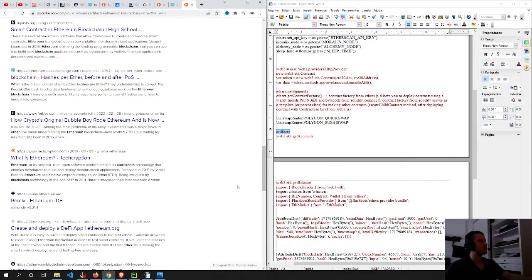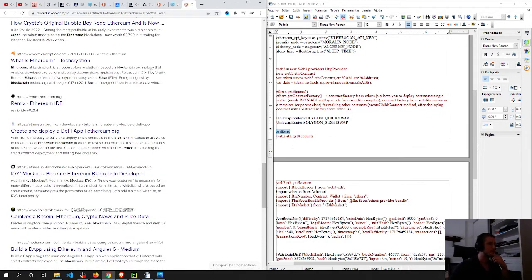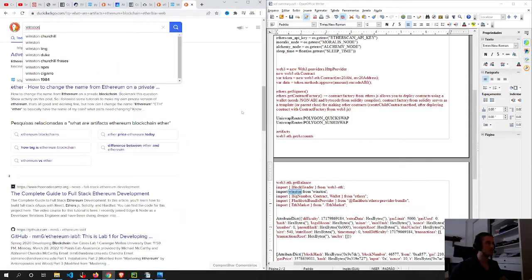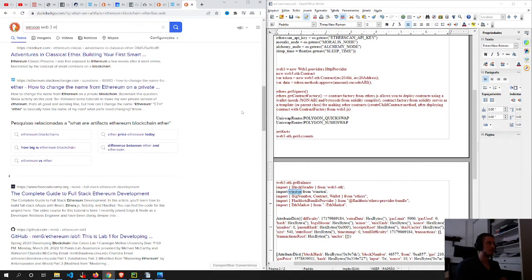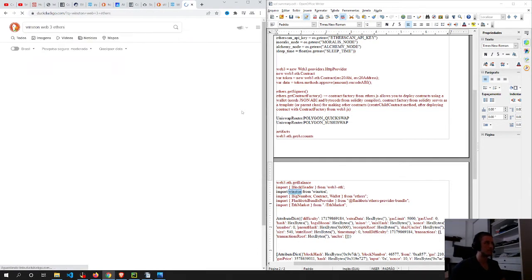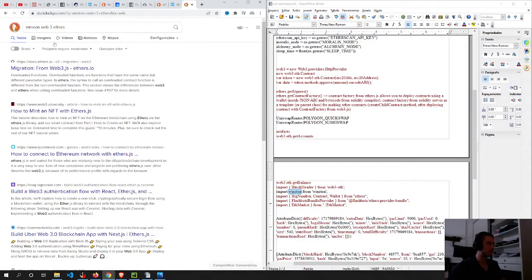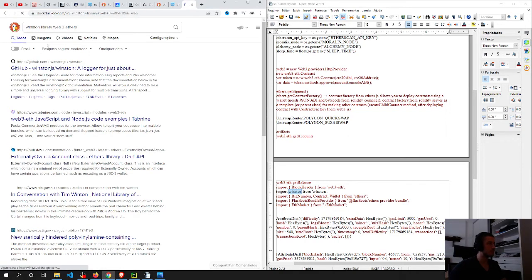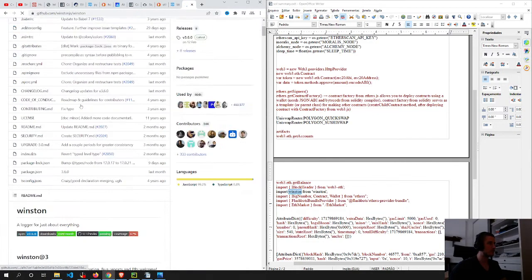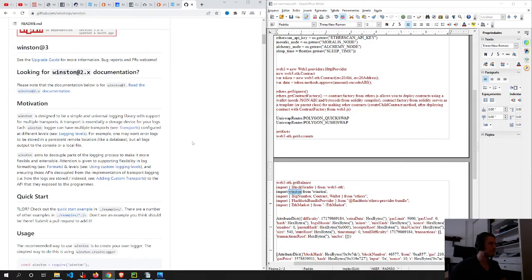So I don't think I'm gonna search for this now. If it is important, it will show up. I'll look into it later. Let's see, Winstone. Web3, there's. I think I'll break back.